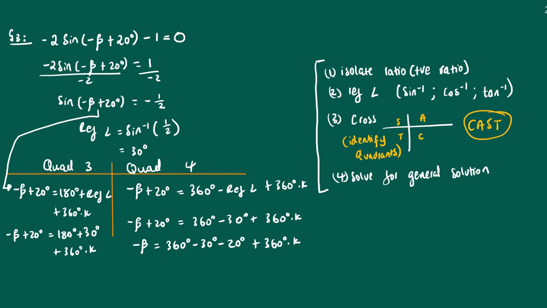Now I'm going to divide everything by -1. So therefore your beta would be 360 minus 30 is 330, minus 20 is 310. So you're going to have 310 degrees and then minus 360 degrees times k.